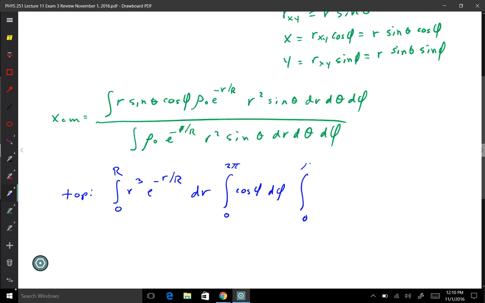Integral from 0 to pi of sine squared theta d theta. So there's my numerator integral.